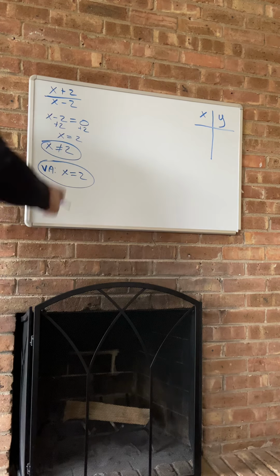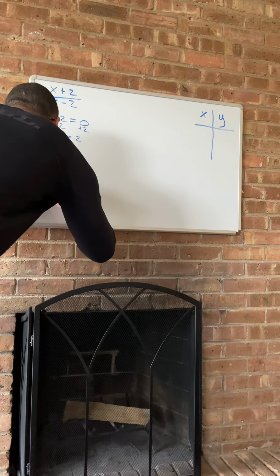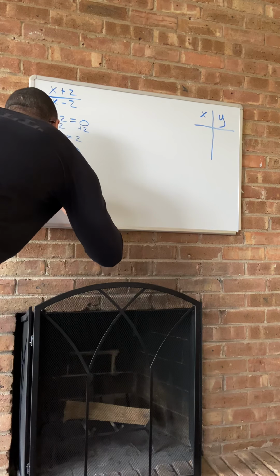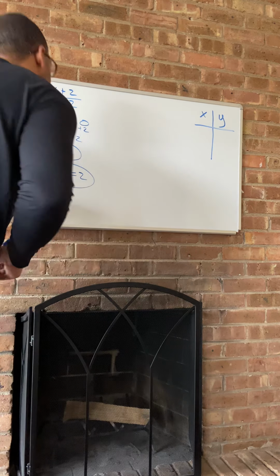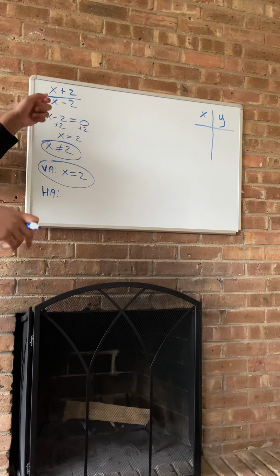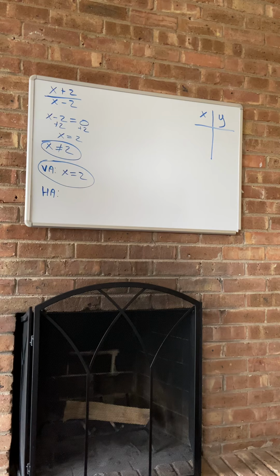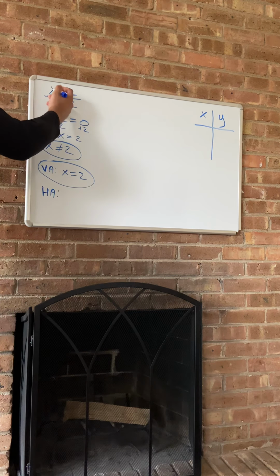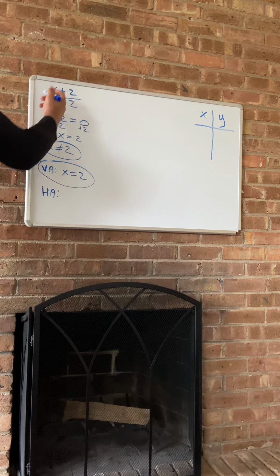Next step is to find your horizontal asymptote. In your email, I sent you a bunch of rules to be able to figure out how to find your horizontal asymptote. In this problem, my degree is the same for my numerator and denominator, which means we will look at the coefficients. The coefficients, anything in front of a variable that is no number, would just be 1.